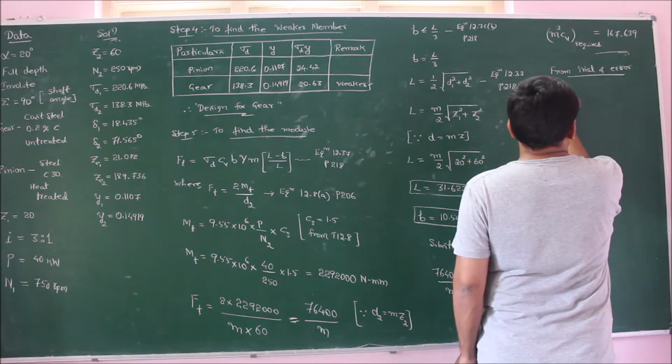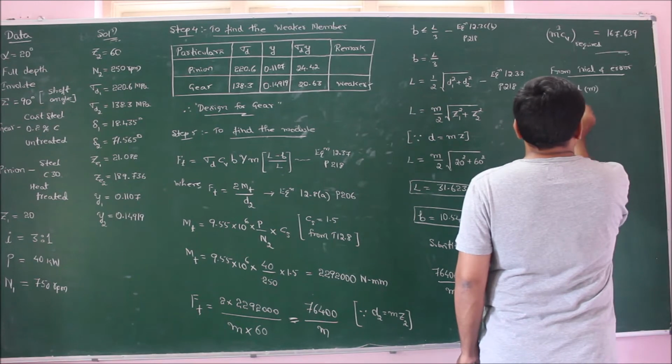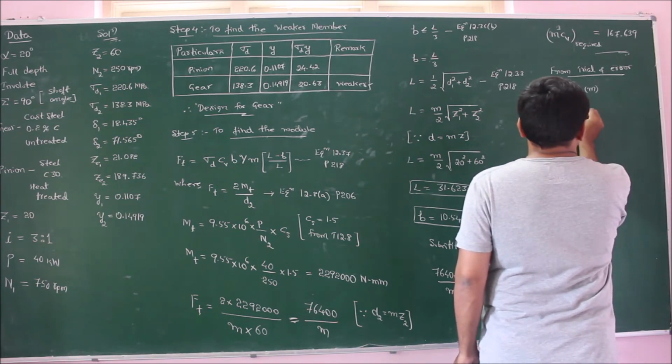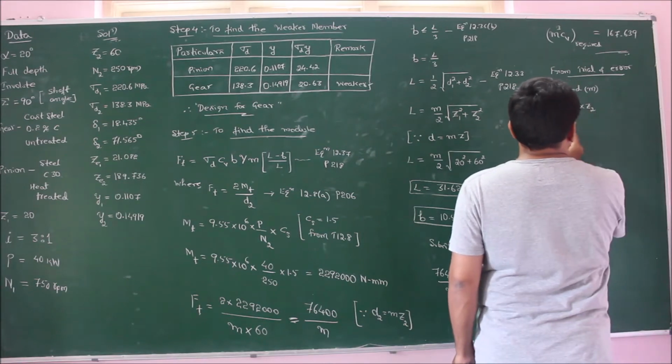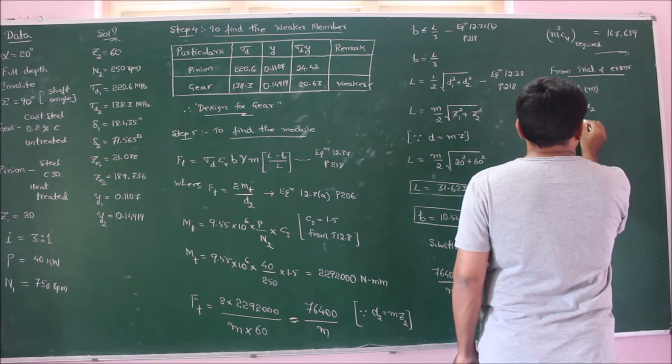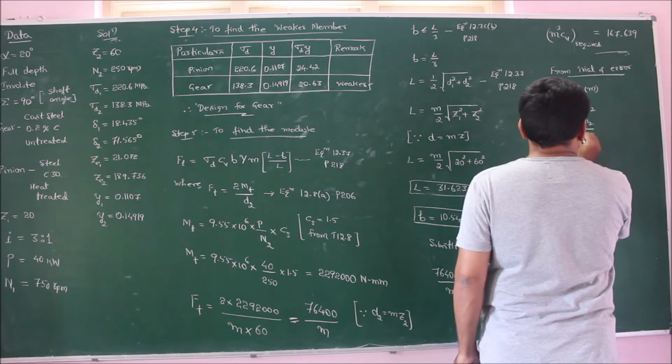Let me formulate the table for trial and error. First one is the assumed module. Once I assume the module, I can find the diameter d2, which is equal to m times z2. Once I find the diameter, I can find the velocity v is equal to pi d2 n2 by 60,000.